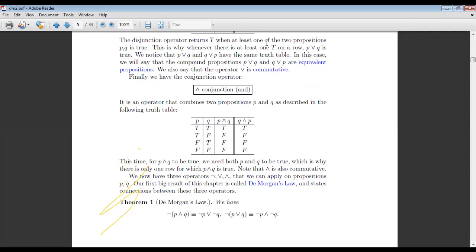The proof of theorem 1, I have already done in the copy, and I will share it with you on WhatsApp. Just see it, and with the help of that, try to prove the second part of De Morgan's law.